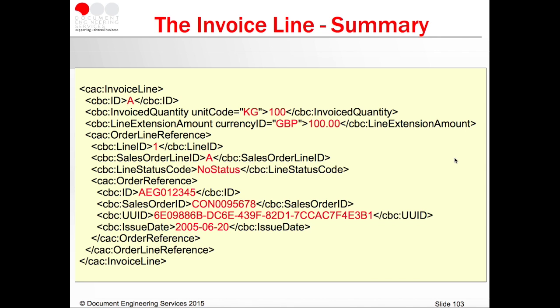And an individual transaction, this would be a simplified invoice transaction. We can see that we've invoiced for 100 kilograms at £100, and we even reference the order that we created, we saw earlier.